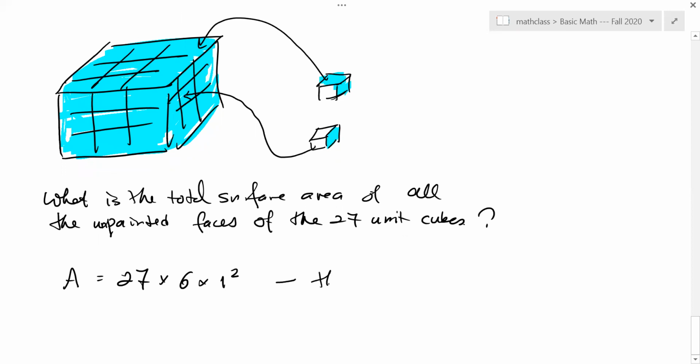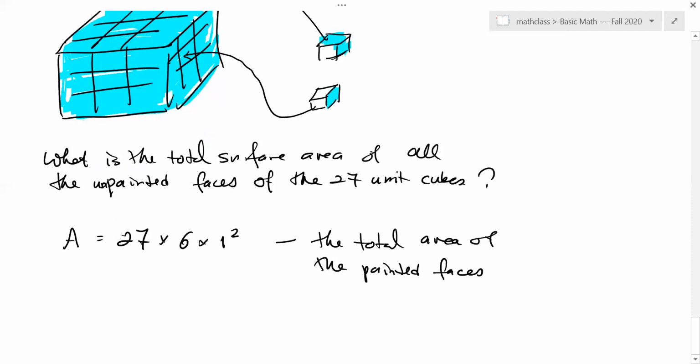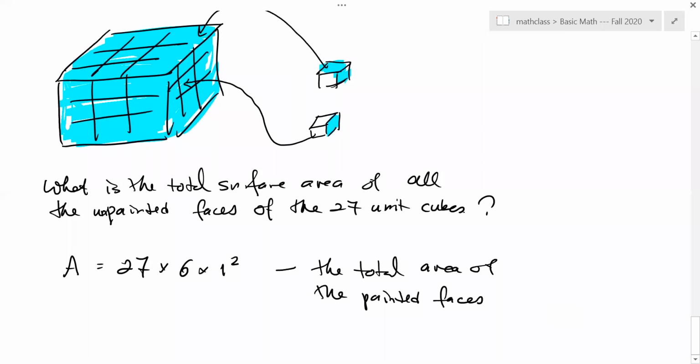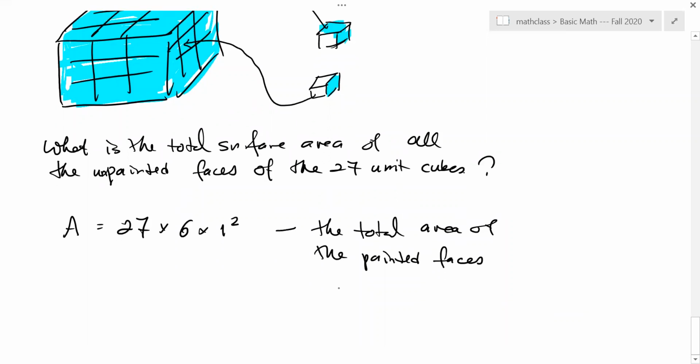Okay. The total area of the painted faces. It's much easier to calculate painted faces, because if you put them back, they form the larger cube. So this part is going to be the surface area of the larger cube, right?